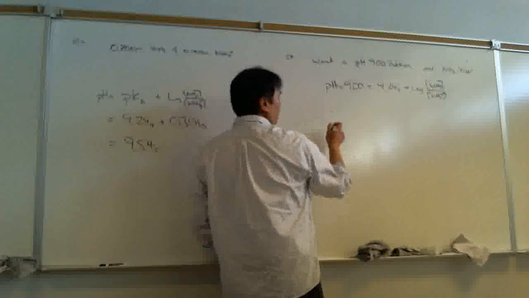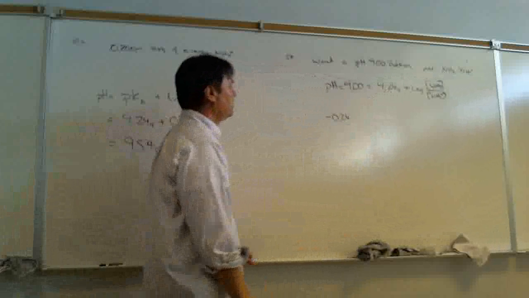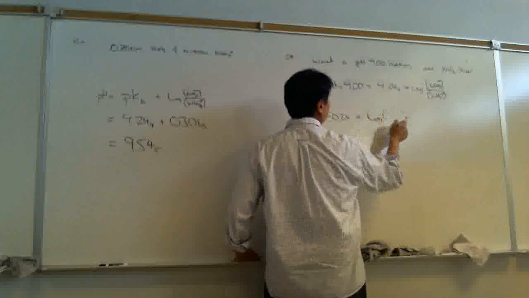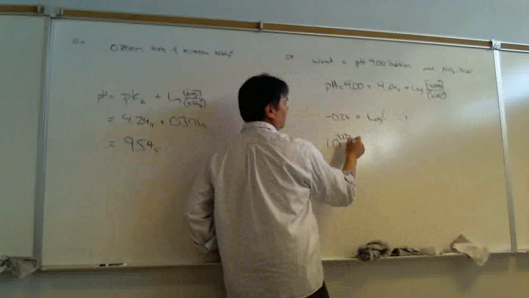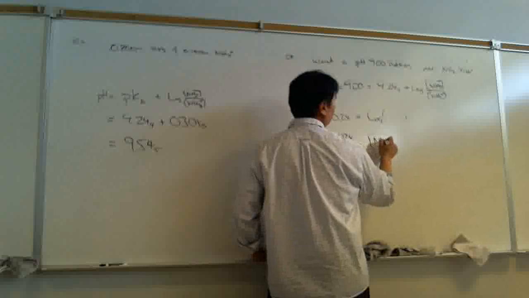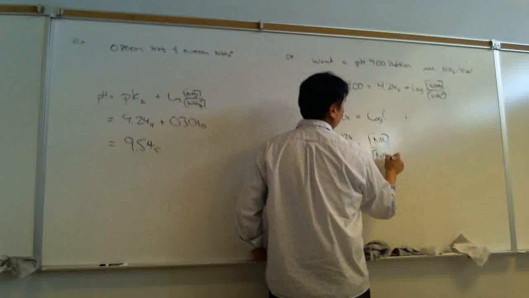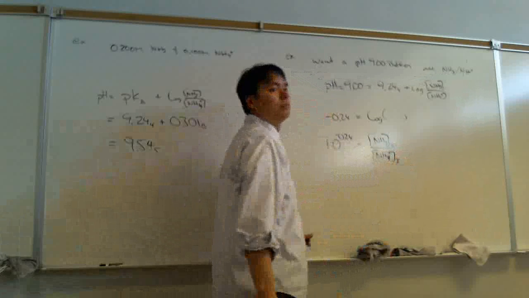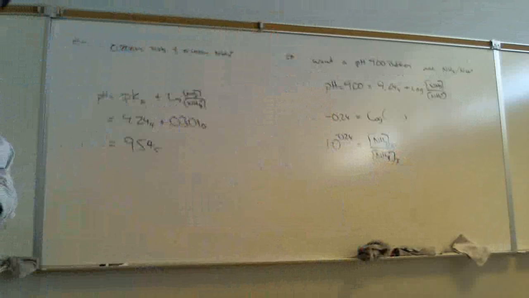And so just rearranging this, subtract 9.24 from both sides, I'll get minus 0.24 is equal to the log of the ratio here. And then just take the anti-log of this. 10 to the minus 0.24 is going to equal the ratio of ammonia to ammonium. And so what does the ratio come out to?